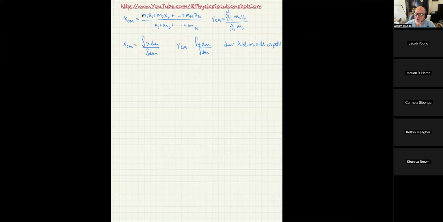But in that case, you're not doing point particles. You're doing whole chunks of matter and trying to compute the relative mass of that one chunk compared to the whole mass. But either way, that can be done.